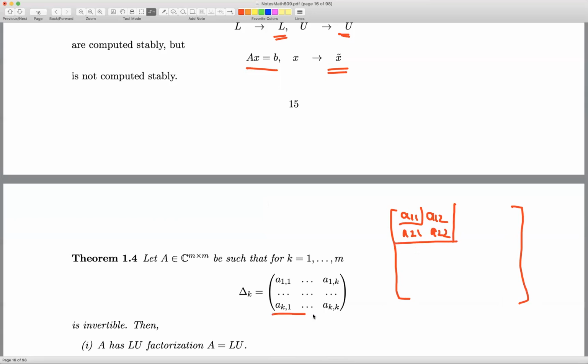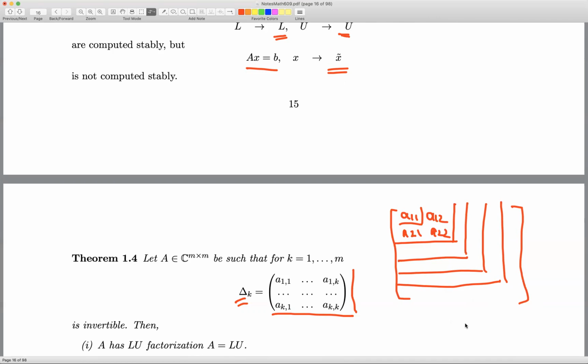The upper left corner matrix with entries A11 through A1K and AK1 through AKK is denoted by delta K. Let A be such that all these matrices for K from 1 to m, as we start cutting off the upper part of the matrix consecutively, are nonsingular.